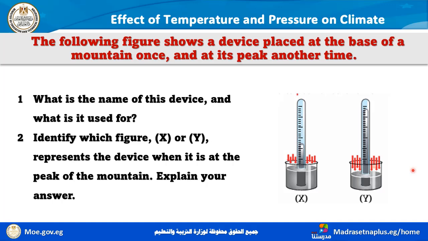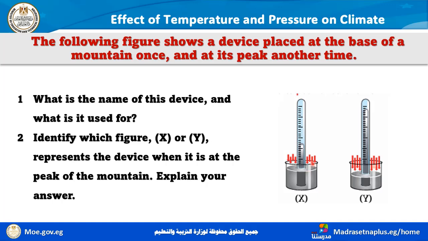So, in our device, the mercury barometer, the atmospheric pressure pushes down on the mercury in the basin, which in turn supports the mercury column in the tube.